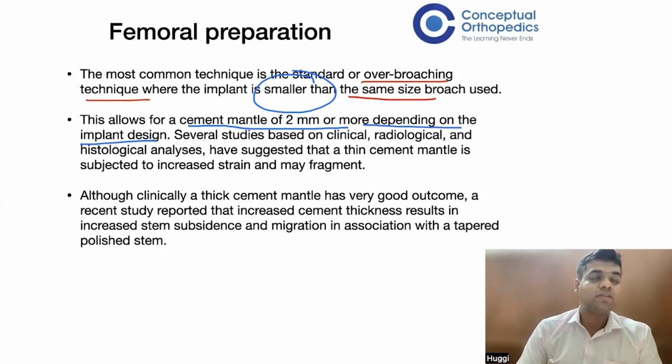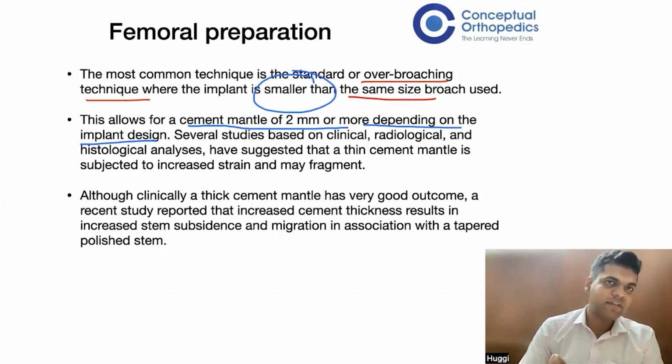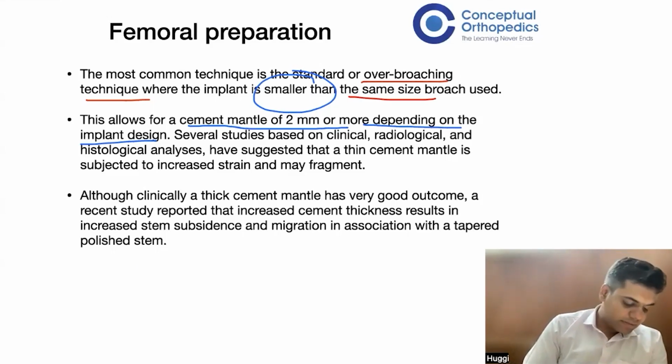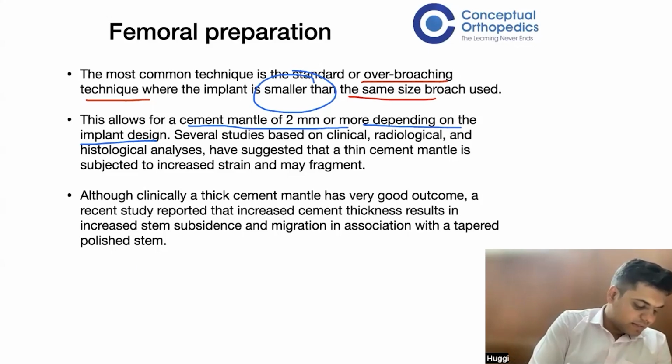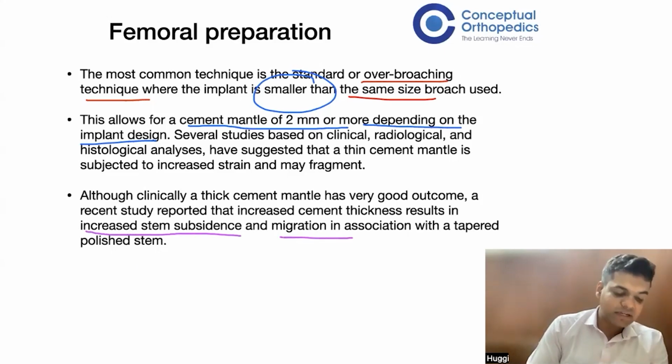More thick means more stability between the cement and the bone. But what happens is there is increased subsidence and migration, especially associated with the taper polished stem.